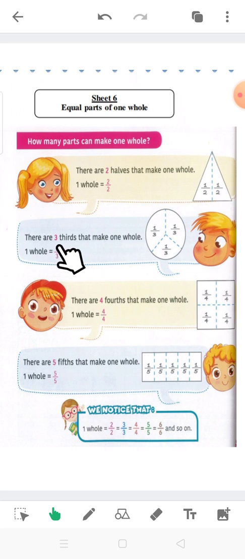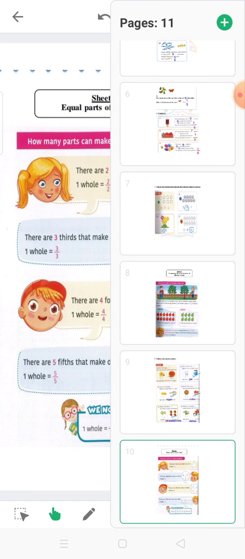There are four-fourths to make one whole. There are 5/5 that make one whole. We notice that when the numerator equals the denominator, it equals one whole. Okay, let's see the next.